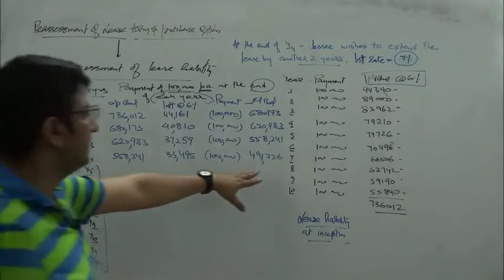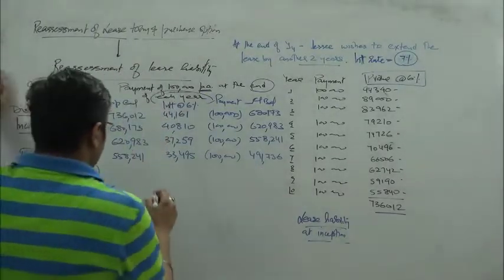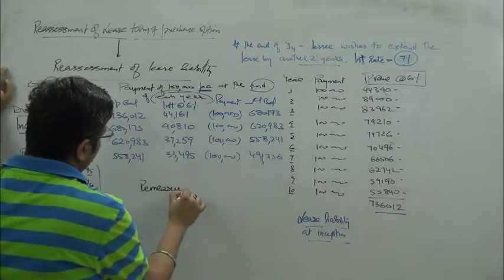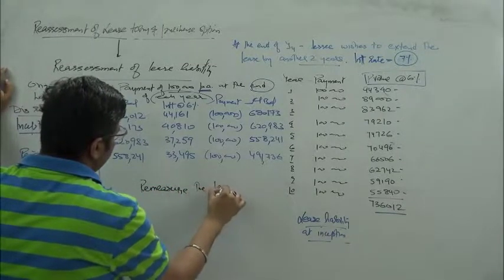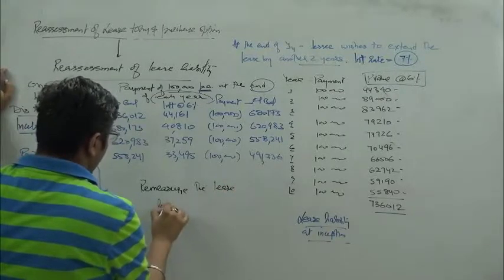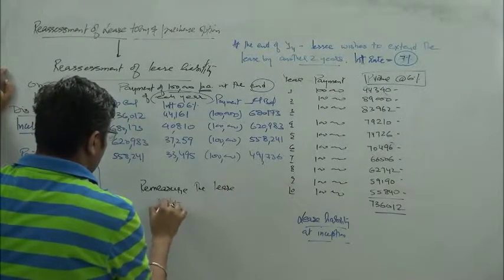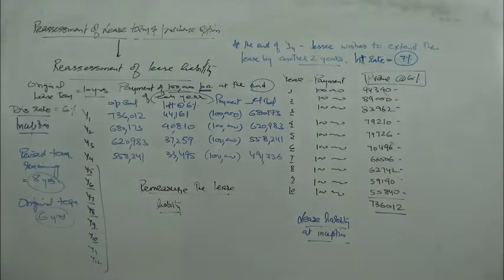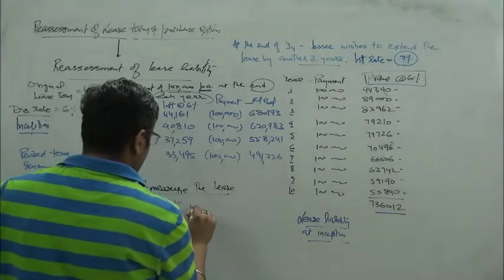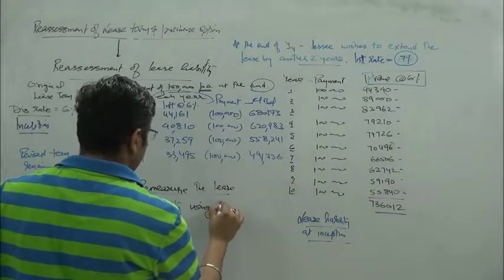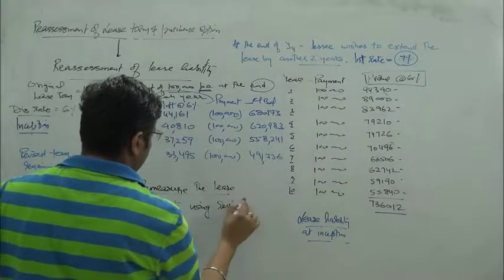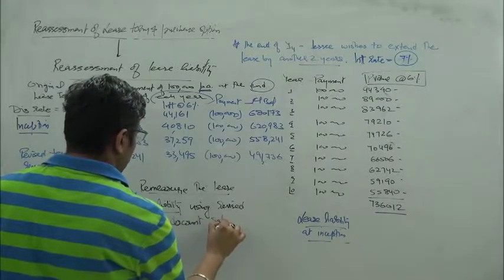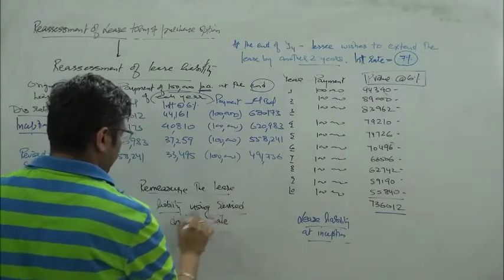All right, so what we are saying now is that at this point in time we need to remeasure the lease liability. Okay, we need to remeasure the lease liability using the revised discount rate.